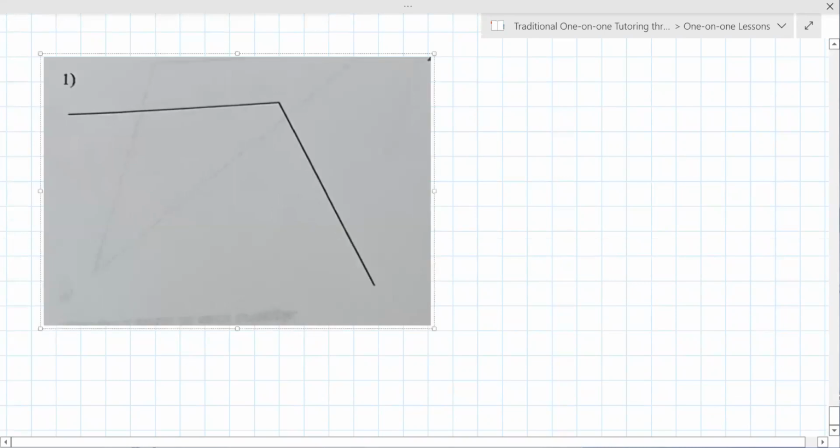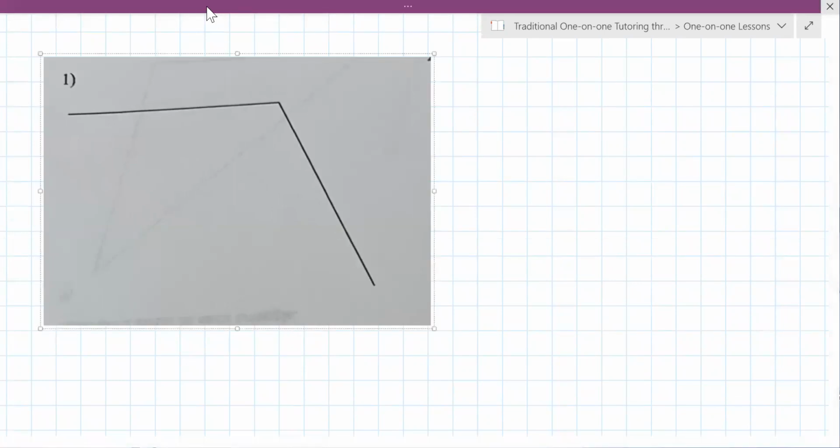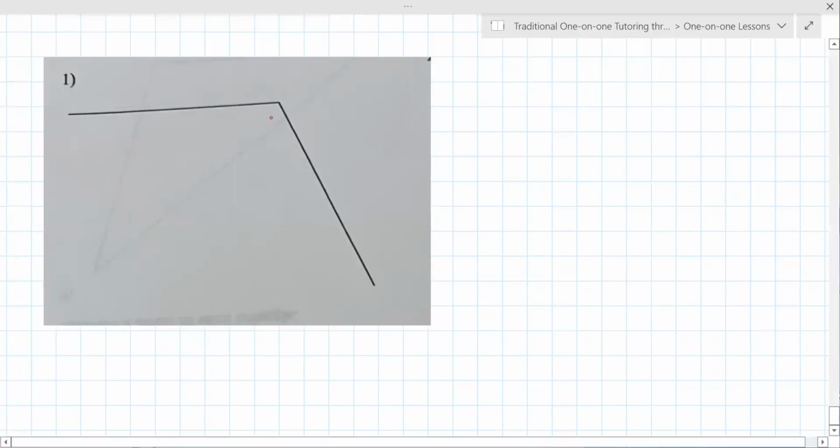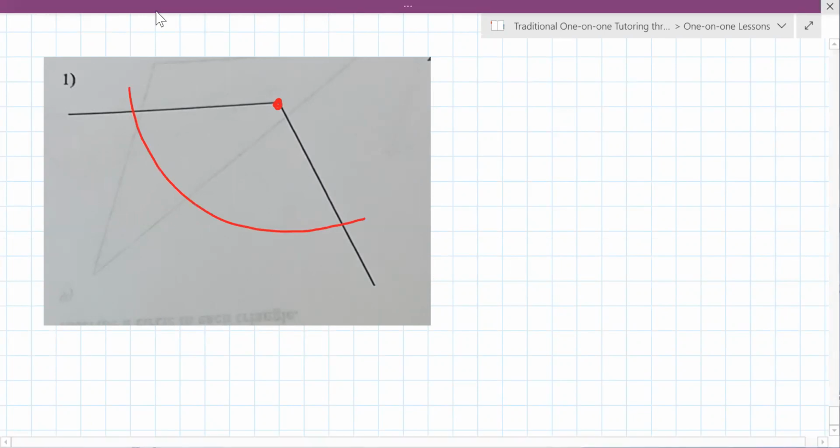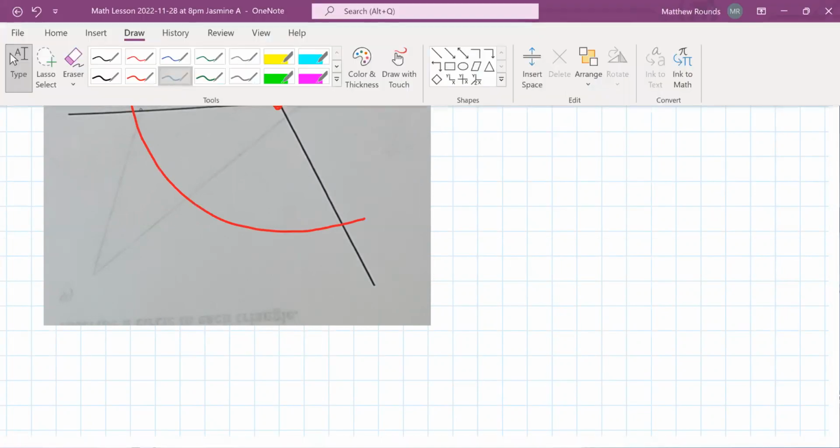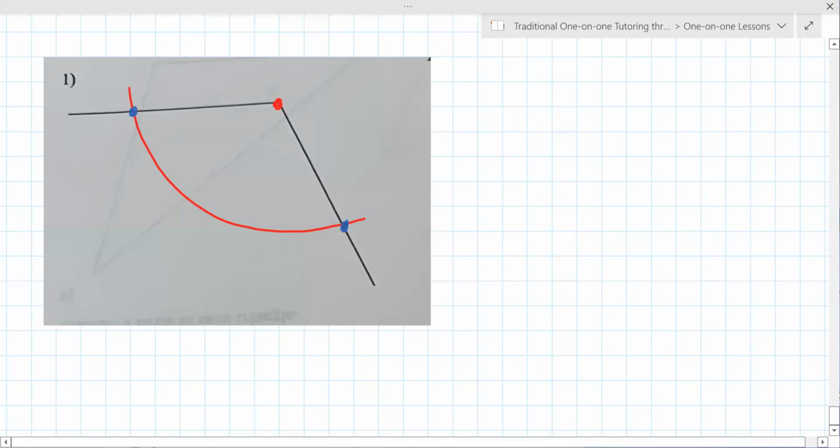All right, so here we go. The way that you do this is you go right to the vertex there and you swing an arc such that it goes through both of the other two. And then you go to each of those points where it hits and you swing an arc different size than the one you just did.